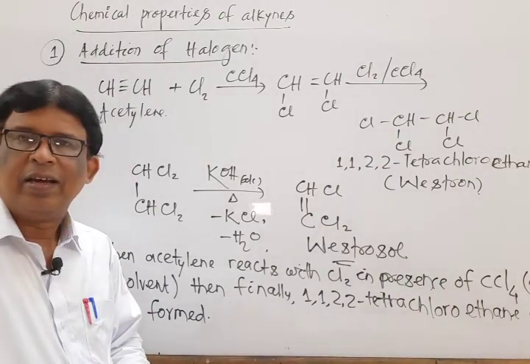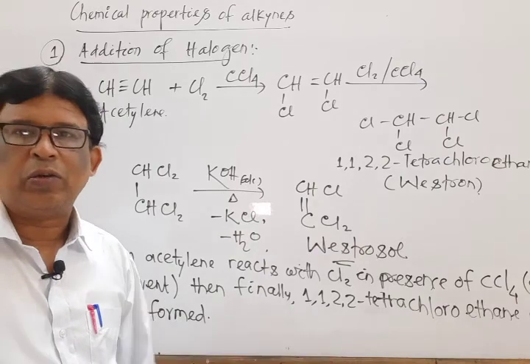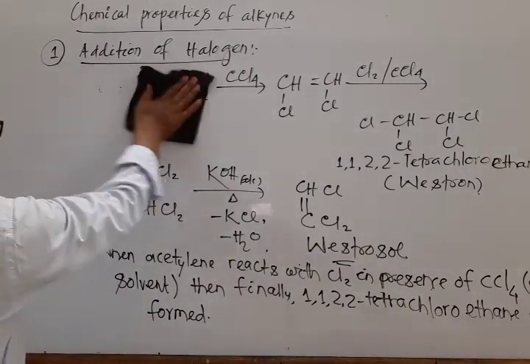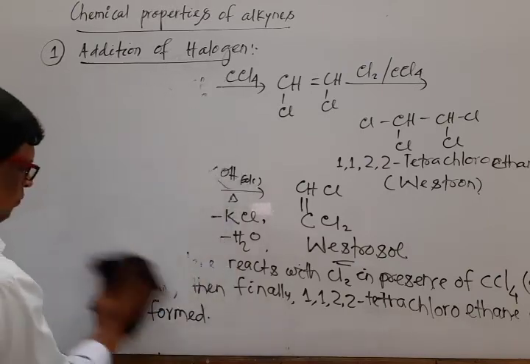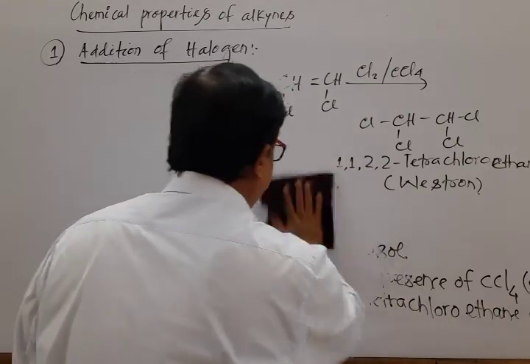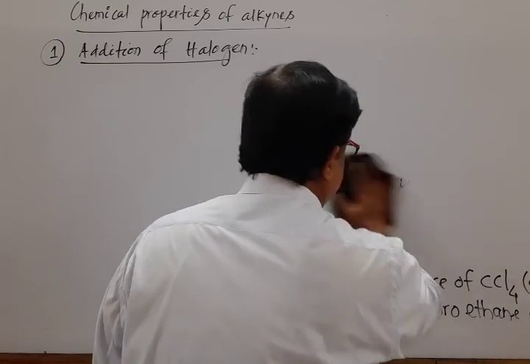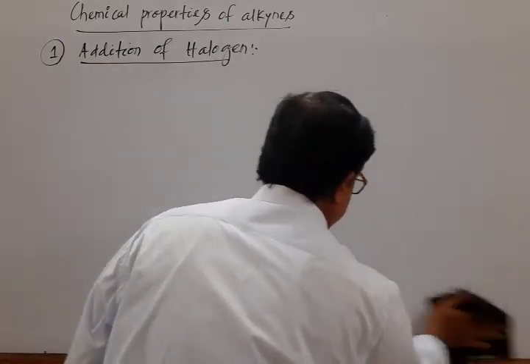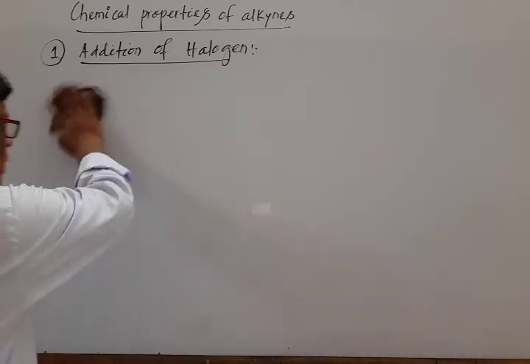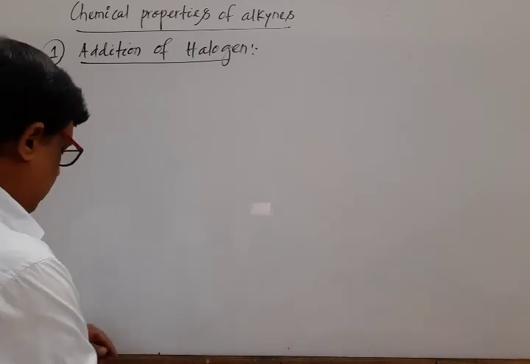Okay. Similarly, if we select another member next, propyne, it also gives the same type of product. Let us verify how propyne reacts with halogen. Mark that. If we select the next member, propyne, it will follow two steps.